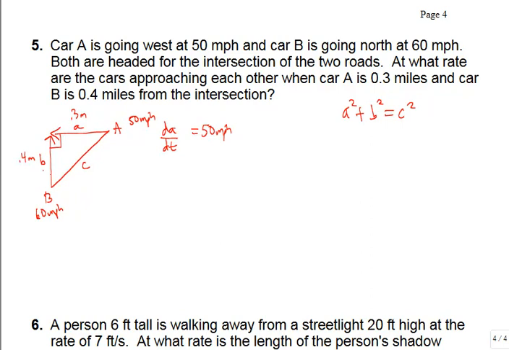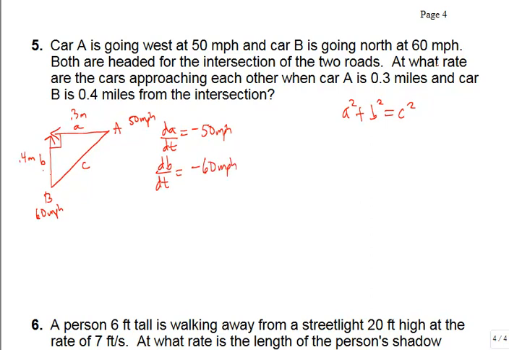So technically, this 50 miles per hour is actually going to be a negative 50 because that distance is shrinking. So your derivative needs to be negative there since the distance is getting smaller. Similarly, 60 miles per hour is the distance for B changing over time, and it's also shrinking. So db/dt will be negative 60 miles per hour.